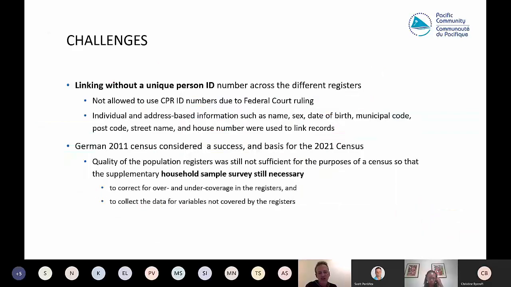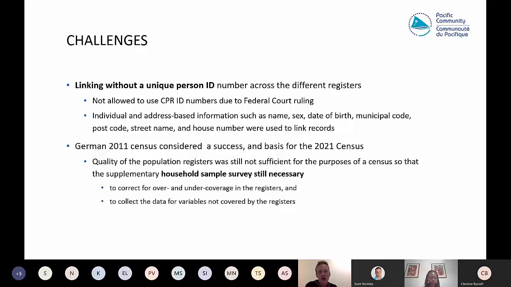The challenge that Germany had was that, although they had a national ID scheme which has an ID identifier on it, their federal court had ruled that it was unconstitutional to use that for statistical purposes. So the German Statistical Office, the NSO, wasn't able to use that unique ID.